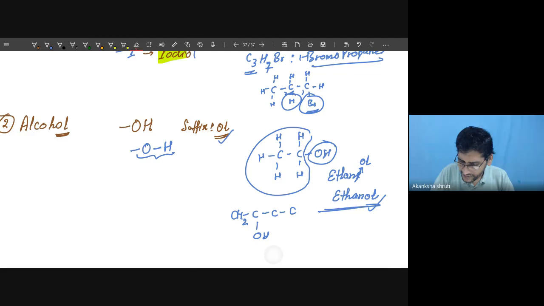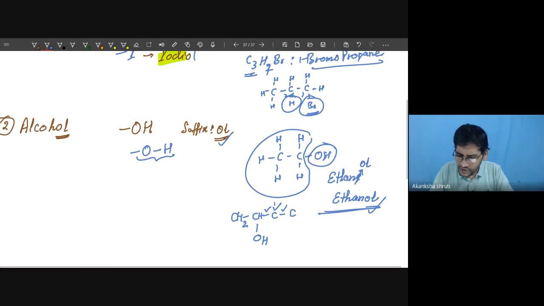For this second carbon, we already have OH, which means 3 bonds are already formed. 1 bond with hydrogen will form. So write only CH. For this third carbon, 2 bonds are already formed, so only 2 other bonds can be formed. So we attach 2 hydrogens here.